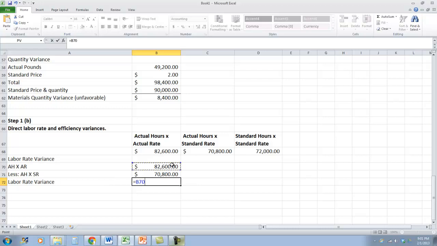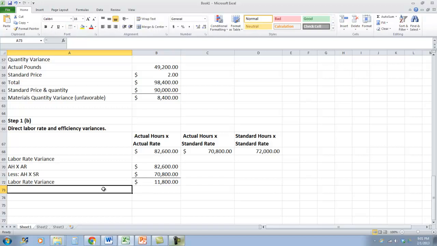So, actual was more. So we have a labor rate variance of $11,800, unfavorable.